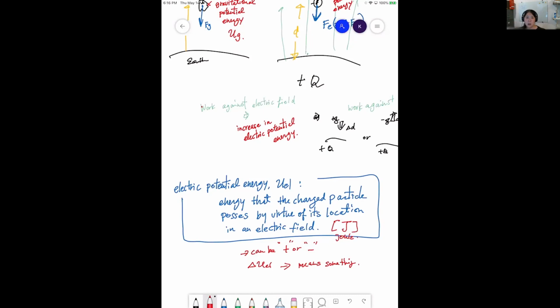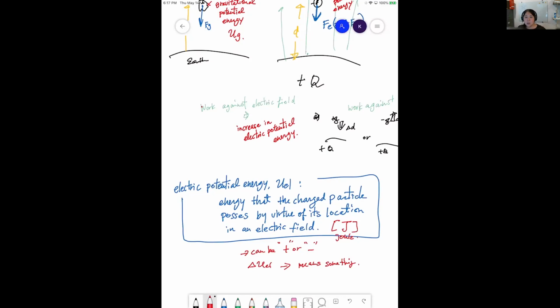And typically for the electric potential energy, we put zero at infinity. So you imagine you're bringing this charge from very, very far away, the infinity, where it almost has zero effect of electric field. Electric field never dies. The electric field lines never cross with another electric field lines, and it continues indefinitely.